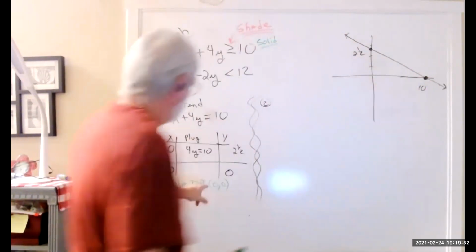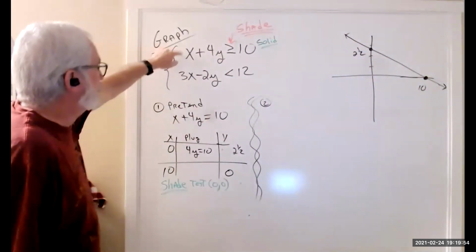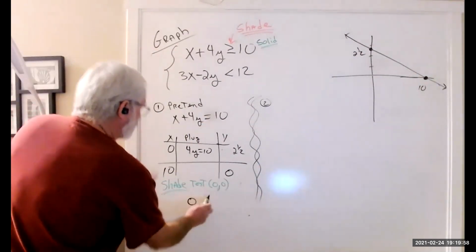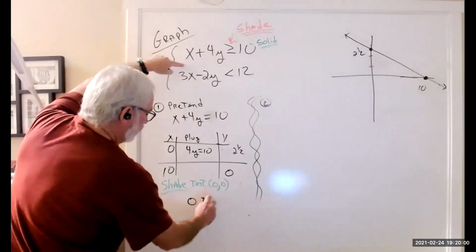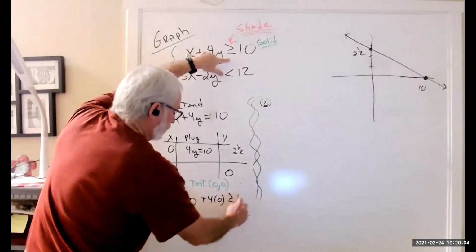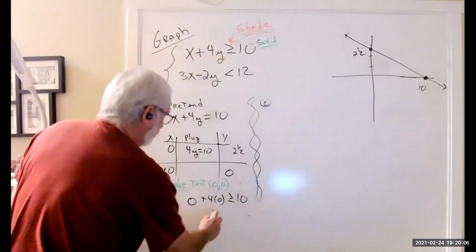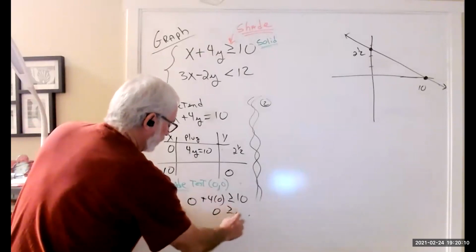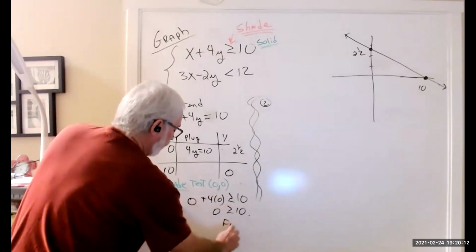But we're lazy. So we take the test point and plug it into the original problem, which gives me x is 0 plus 4 times 0 is greater than or equal to 10. Well, that becomes 0 plus 0 is 0, which is greater than or equal to 10. That means false.